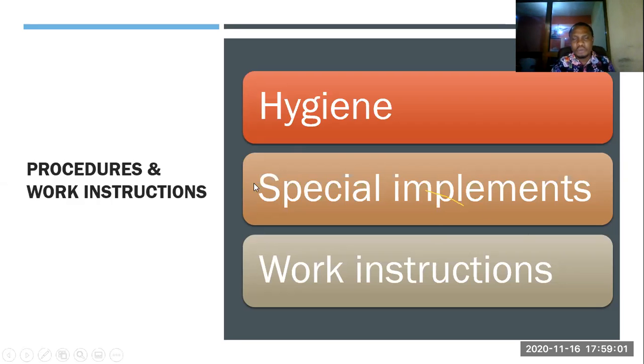Then there are also procedures required for special implements and special equipment and special tools. So for example, if they have a special machine for either planting or for harvesting, etc., the standard is expecting that there should be a procedure in place for operating that machine.